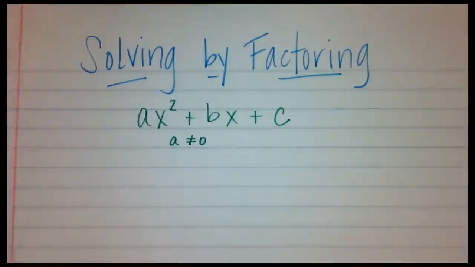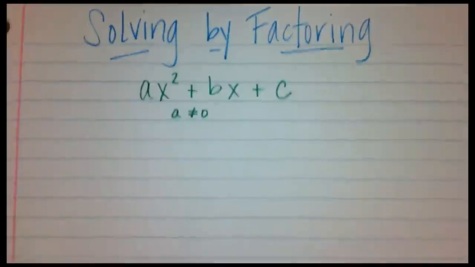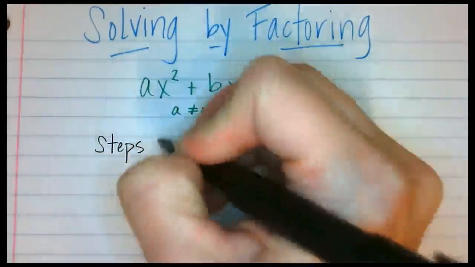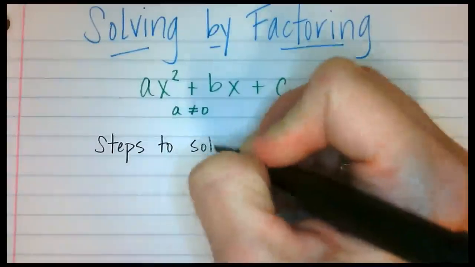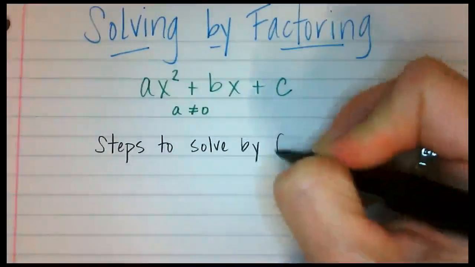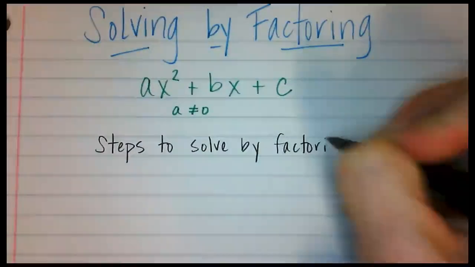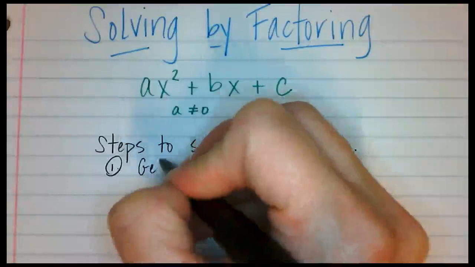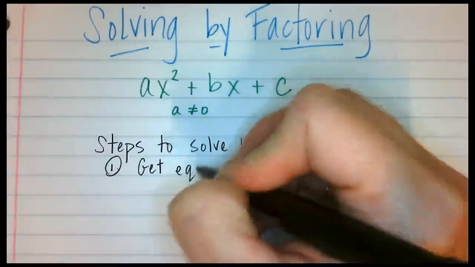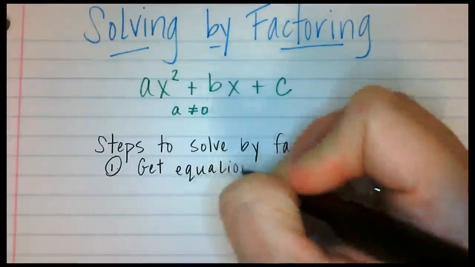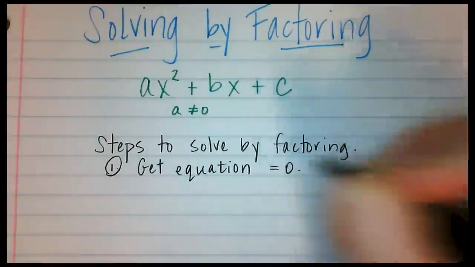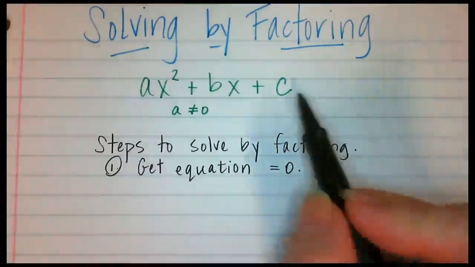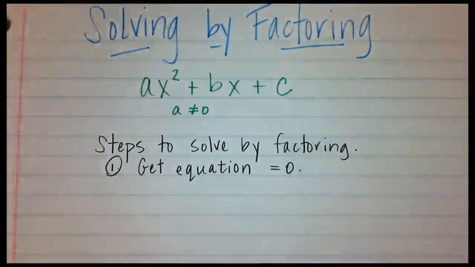First I want to go through what the steps are, and then we'll actually work an example. So here are the steps to solve by factoring. First, we need to get the equation equal to 0. So we move everything to one side, and then it would say equals 0.